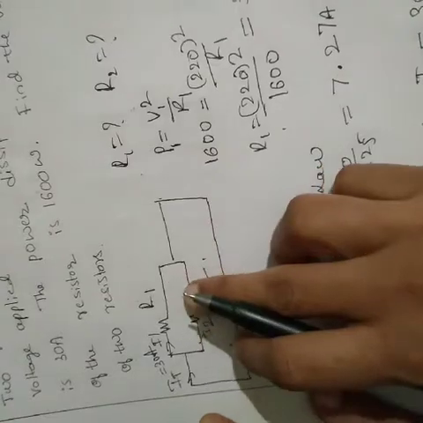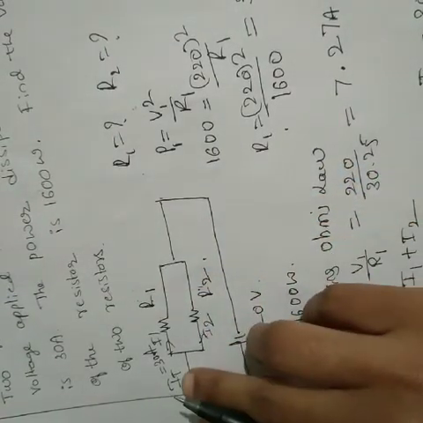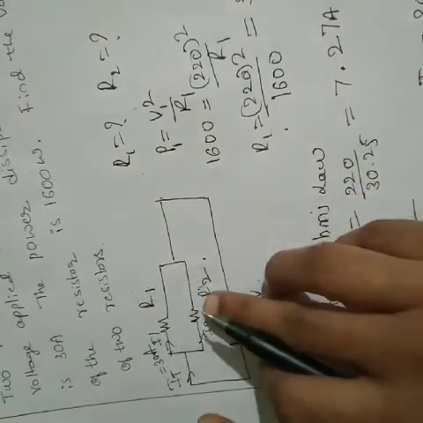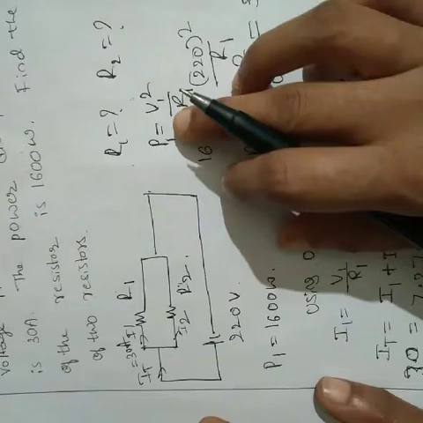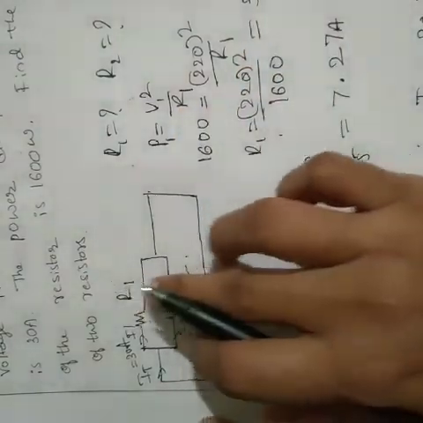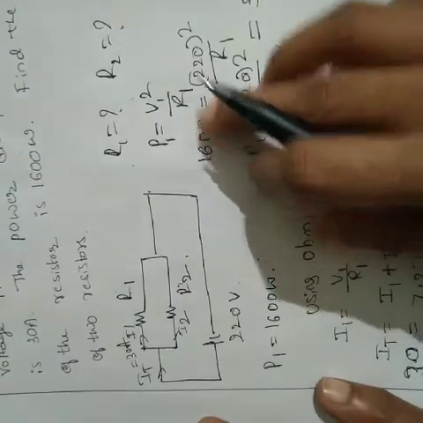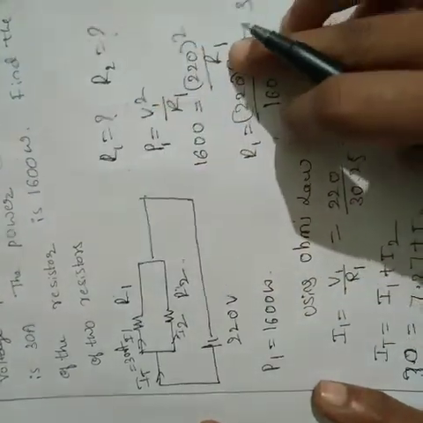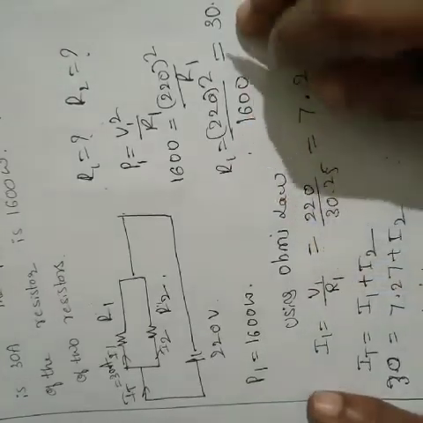There are two resistors connected in parallel across 220 volts. Total current is given. Then find R1 and R2 using the power equation. They give a hint: you can take the power consumption in any one of the resistors. Then 1600 is equal to 220 squared divided by R1. You can multiply this and easily find R1.